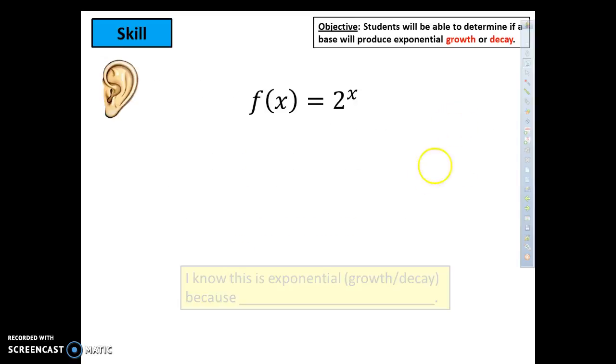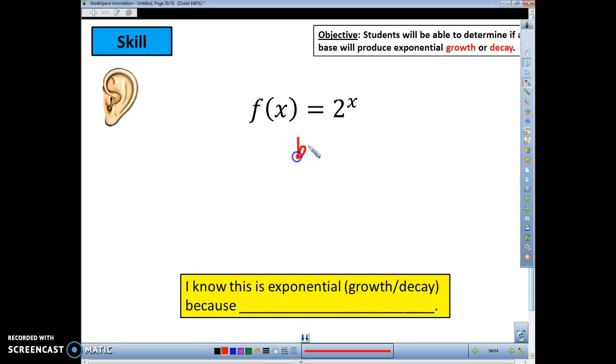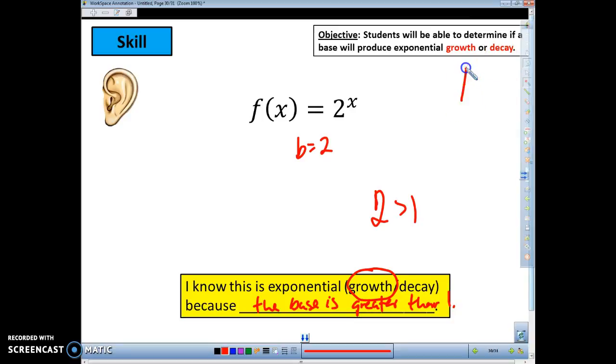Okay, so for example, here I have this example, and my base value, my b value, is equal to 2. Well, if b is 2, 2 is bigger than 1, so I know this is exponential growth because the base is greater than 1, and that's what we're going to be doing here to accomplish our objective.